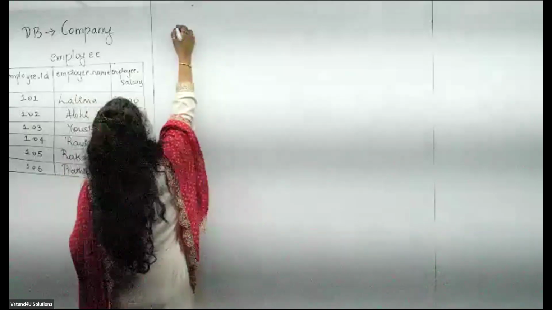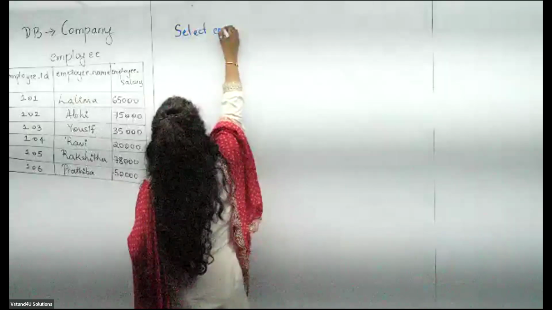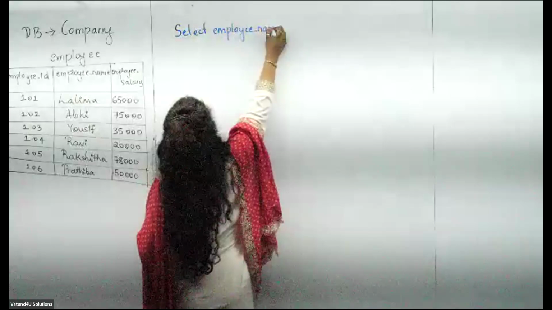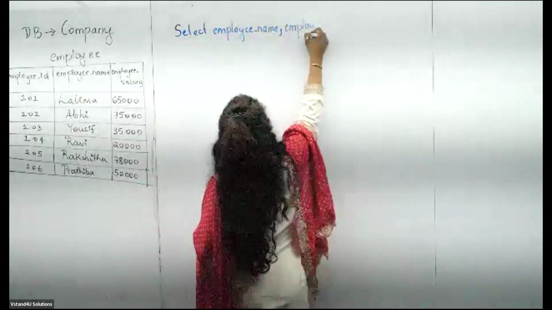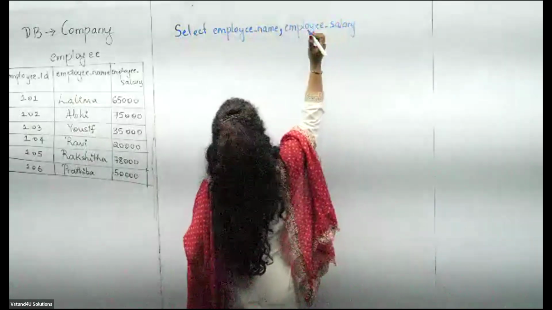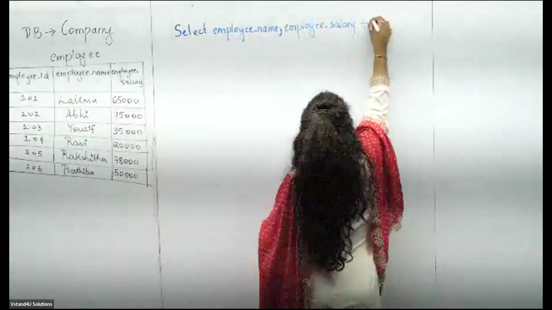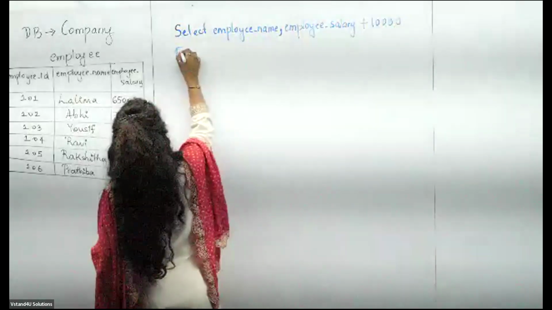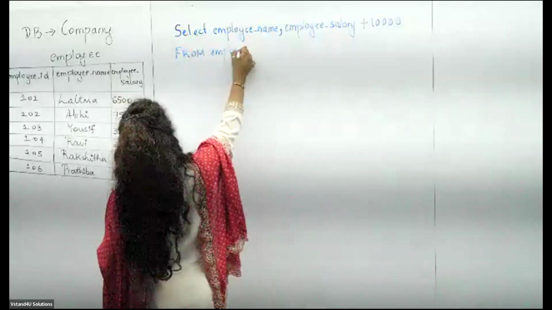You wrote select employee name, comma, employee salary plus 10,000 from employee.